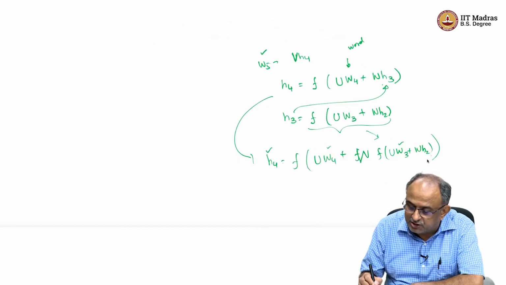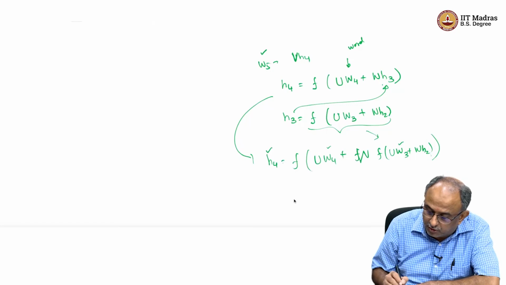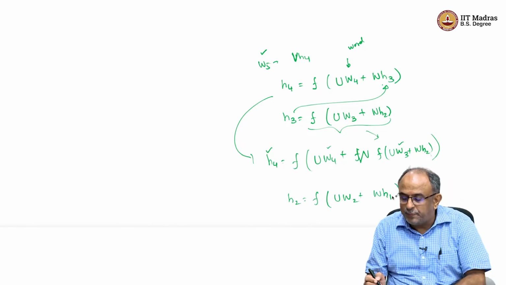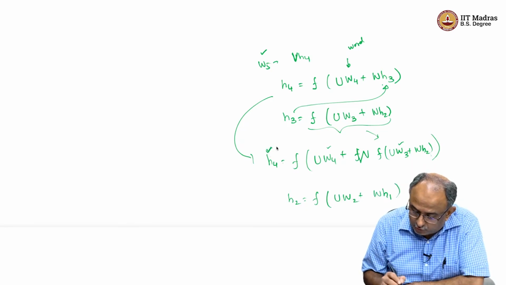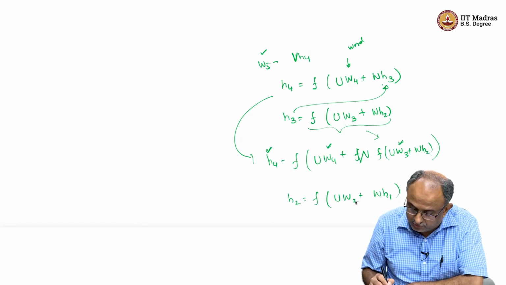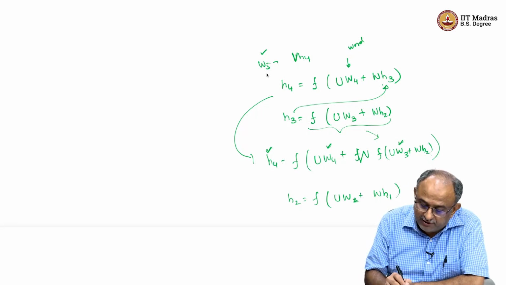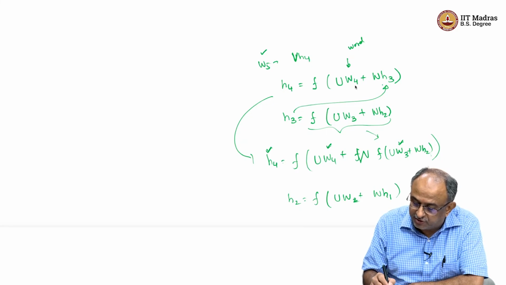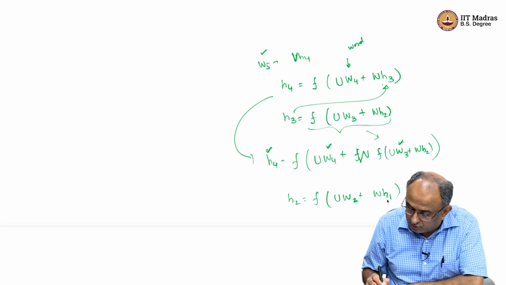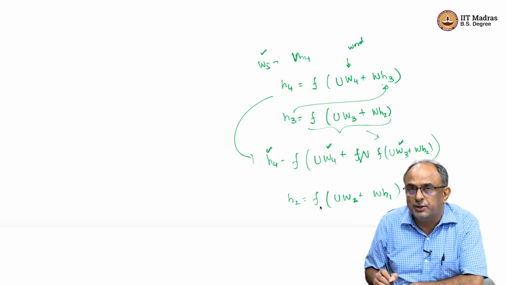Now I am going to expand H2. H2 itself depends on word 2 plus WH1. So the pattern you are seeing is that H4 depends on word 4 and word 3 plus H2, but H2 itself depends on word 2. Indirectly, word 5 depends on H4, H4 depends on word 4 and H3, H3 depends on word 3 and H2, H2 depends on word 2 and H1, and H1 depends on word 1.